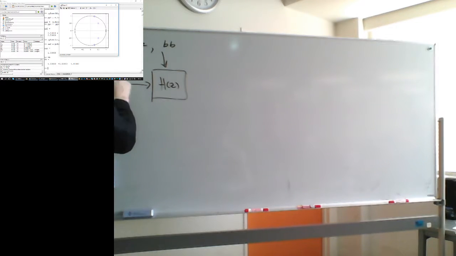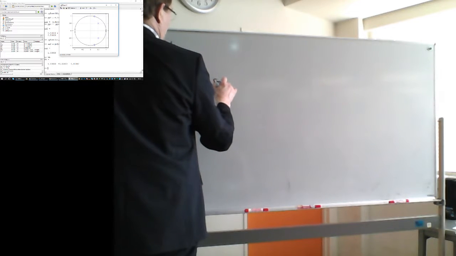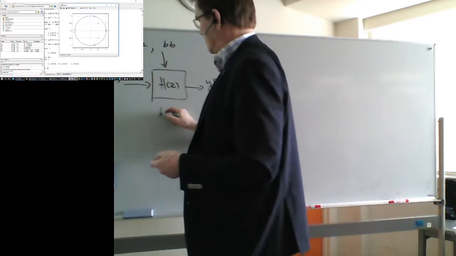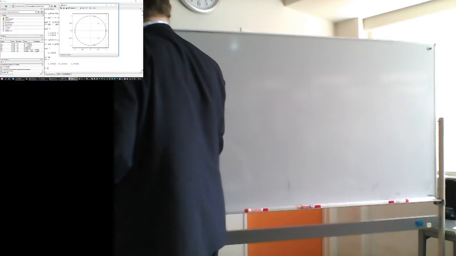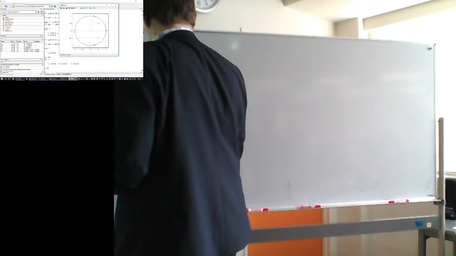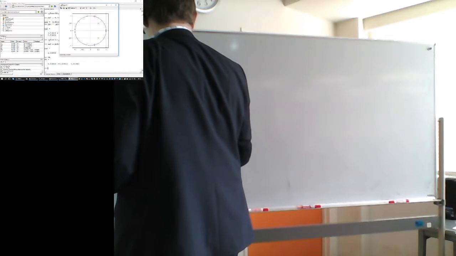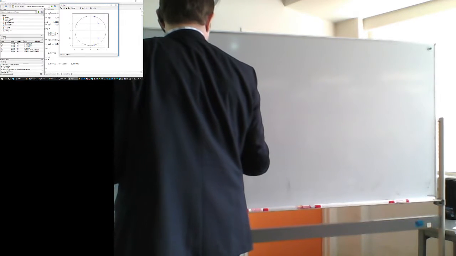So for that system, if you have an input X and output Y, then basically this in Octave is the same as Y equals filter(BB, AA2, XX).